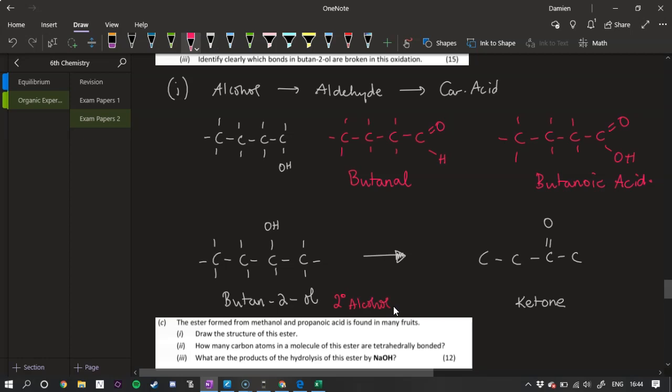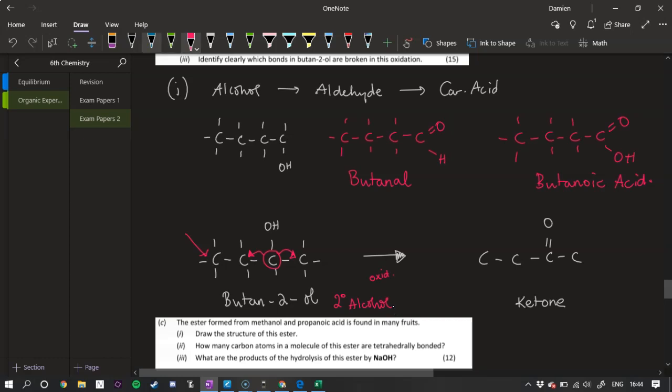And the reason why it's a secondary alcohol is the carbon that's bonded to the OH group is bonded to 2 other carbons. So there's the first carbon, there's the second carbon. Whether there's a third carbon over here really makes no difference on the left-hand side, because that's not bonded to the carbon that's bonded to the OH group. So we've got a secondary alcohol. And again, when you oxidize a secondary alcohol, you end up with a ketone.